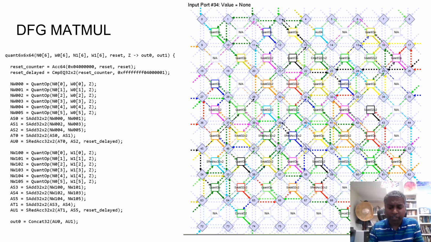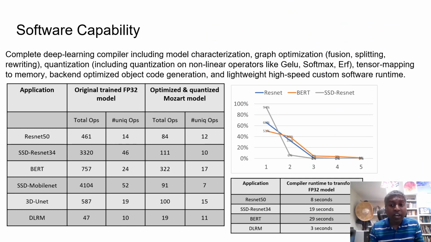So that's the low-level job of this compiler, and this ties back to all of the software stack to give us this software maturity. To tie this all together, we've been able to do all of the conventional things like graph optimization and quantization and mapping of tensors to memory and so on. Attach it to this essentially auto-generated compiler flow that produces object code through program synthesis, and a lightweight runtime where we've been focusing on inference.